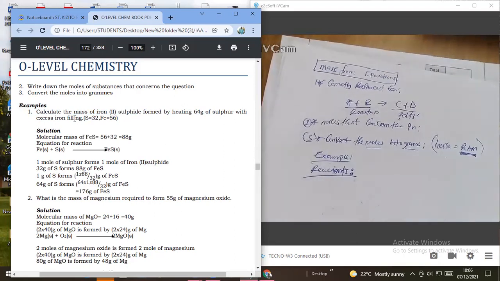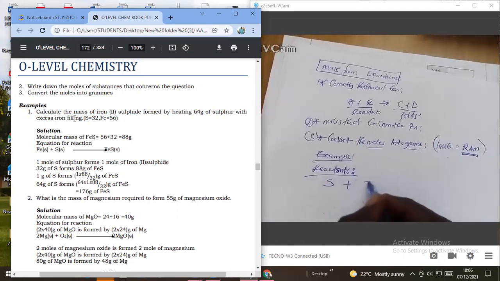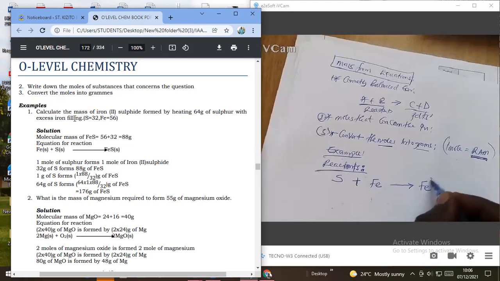The reactants are sulfur and iron. Very good. So when sulfur reacts with iron, we get iron 2 sulfide. Looking at the elements, sulfide has a valence of 2 negative, and iron is 2 plus.